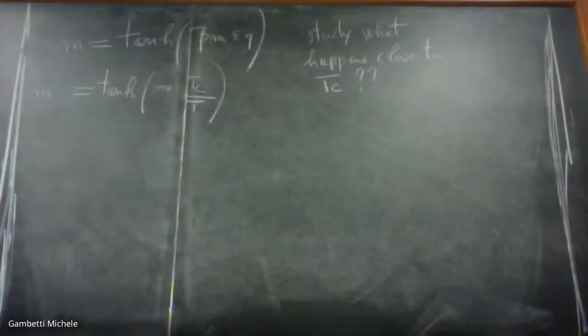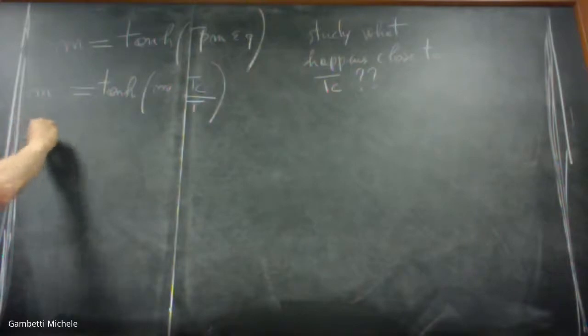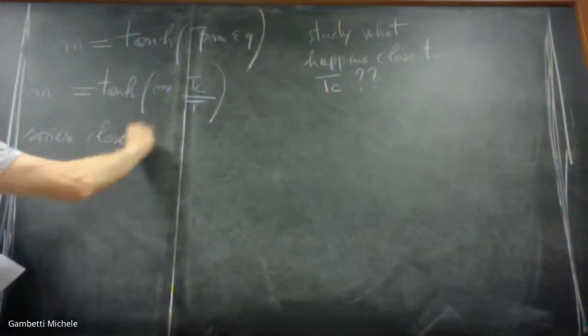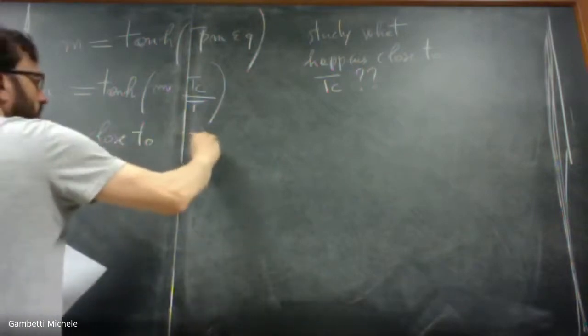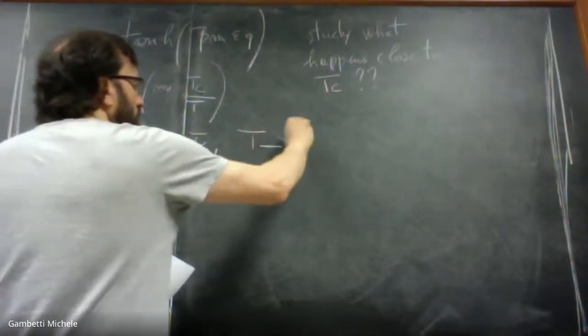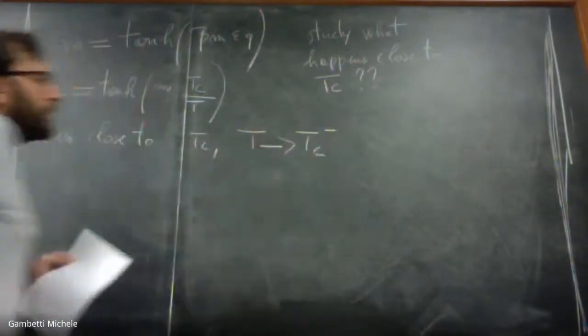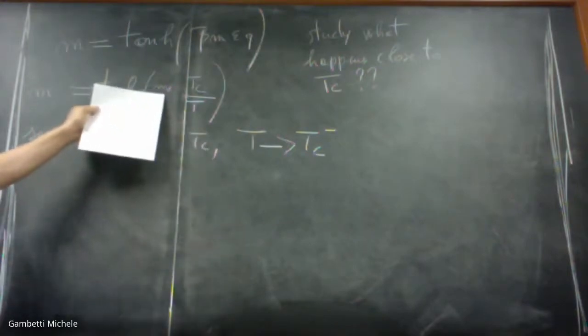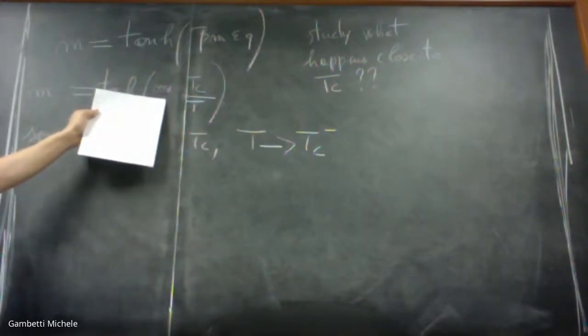Now let me expand to make a series close to Tc, when I do T approaching Tc from the left, from below, where I know that there will be a finite value of the magnetization.